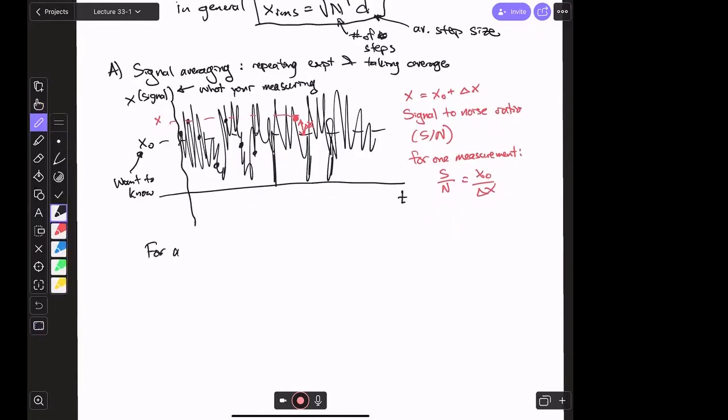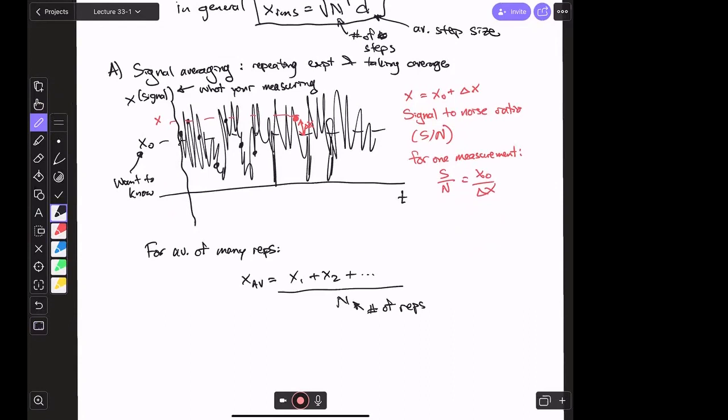For an average of many repetitions, we would have that X average is equal to the result for measurement 1, X1, plus measurement 2, etc., divided by the number of measurements, capital N, the number of repetitions of the experiment.